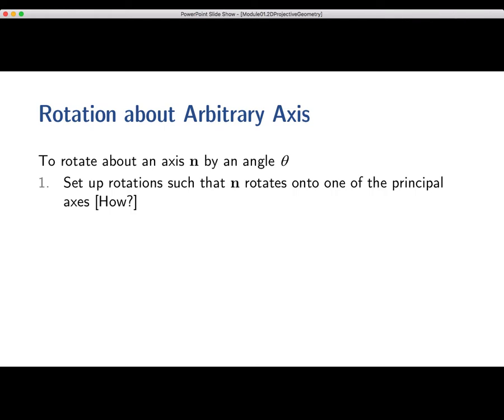If you look at graphics texts, they describe this problem as follows. If I wanted to take these axes, these are my principal axes, and this was the axis about which I want to rotate.